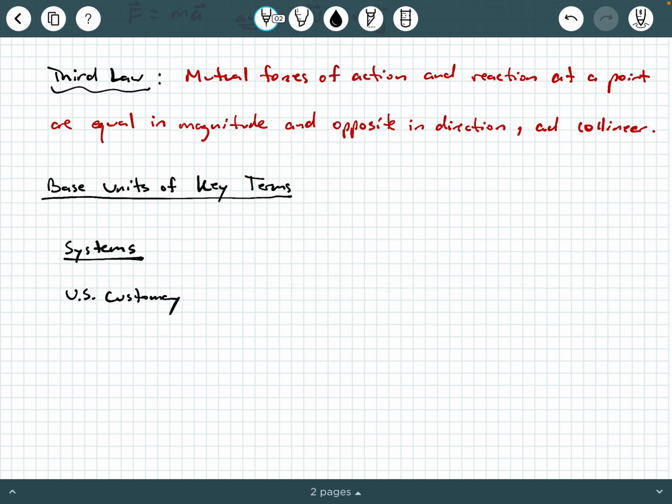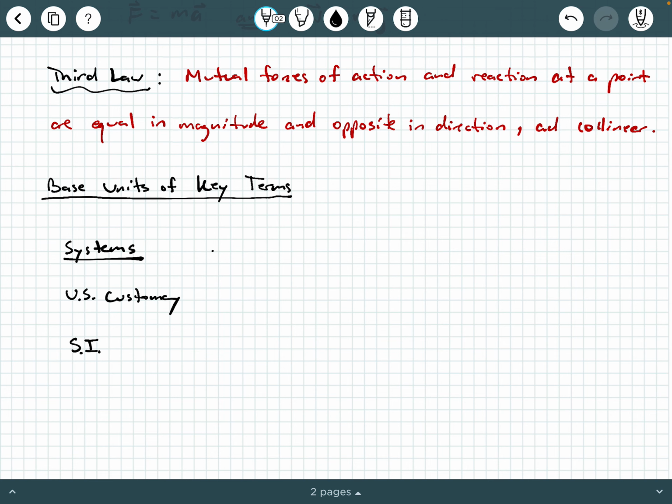So that's like what we call English units, what we use in the United States. What's the other? The other is SI units, okay? Sometimes we fondly call that metric units, okay? So hopefully you remember that even from high school. Now, what are some of the key terms and measured values that we deal with in Physics 1 and now in the statics course?